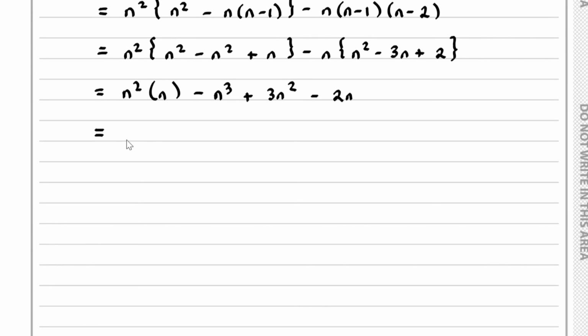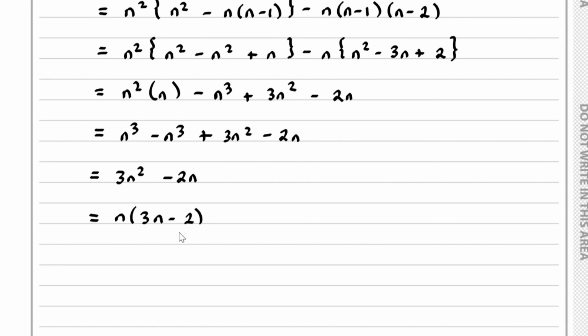So I've got n cubed minus n cubed plus 3n squared minus 2n, which is 3n squared minus 2n, which is the same as n times (3n minus 2), and this is true for n greater than or equal to 5.